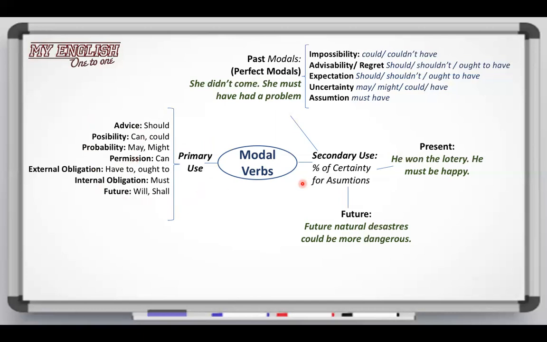On the other hand, we have the secondary use. The secondary use is mainly referring to the degree of certainty for assumptions. Basically, what is an assumption?